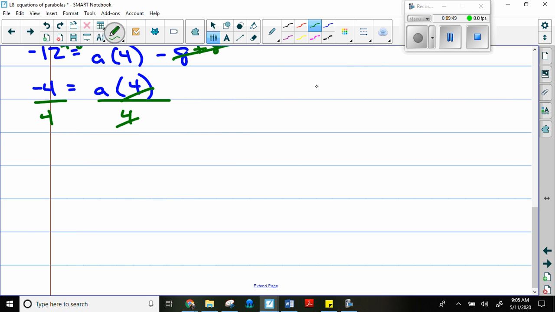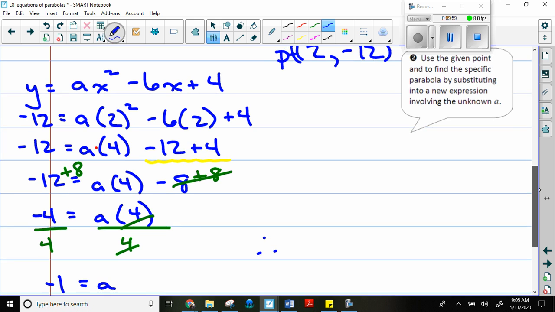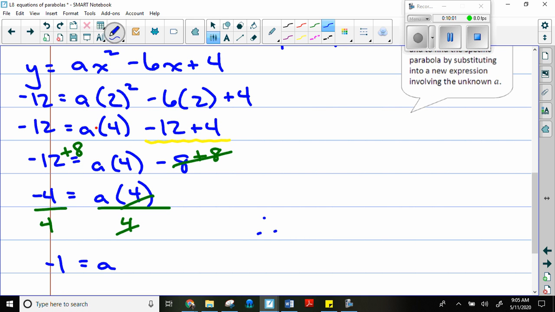Good. And then we get negative 1 equals A. So here we go, all of that stuff there, our final equation is y equals negative x squared minus 6x plus 4.